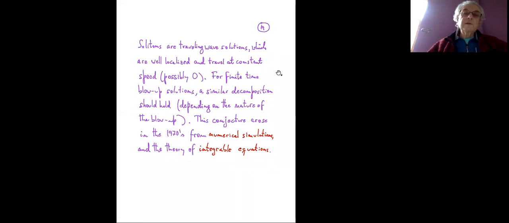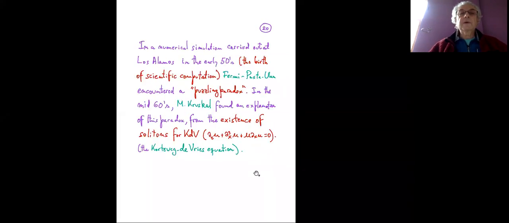So this soliton resolution conjecture has a very interesting history. It arose in the 1970s from numerical simulations and from the theory of integrable differential equations.